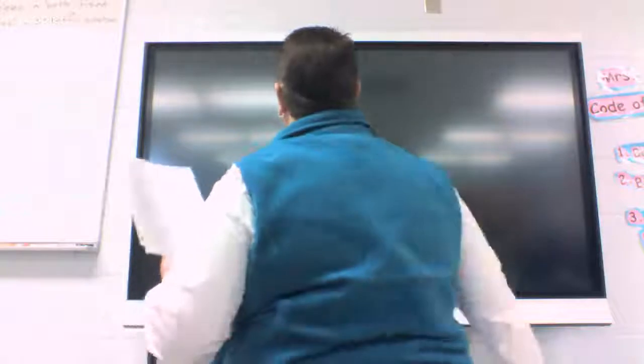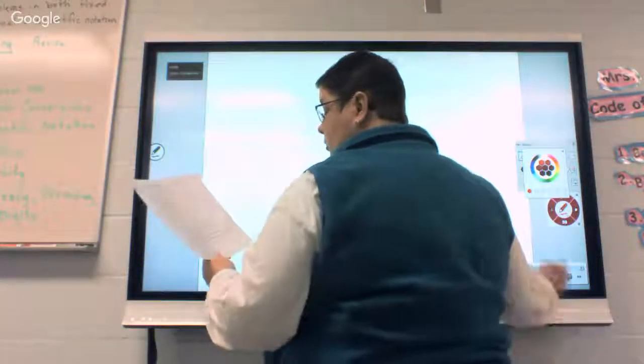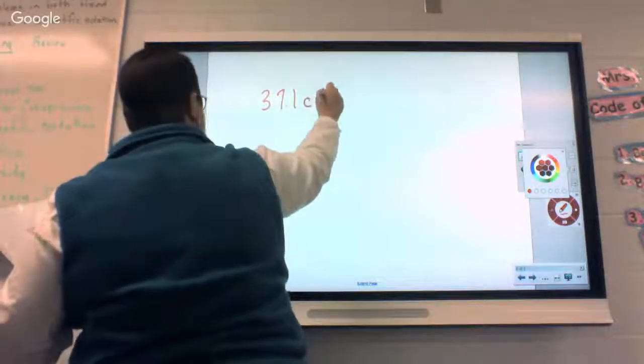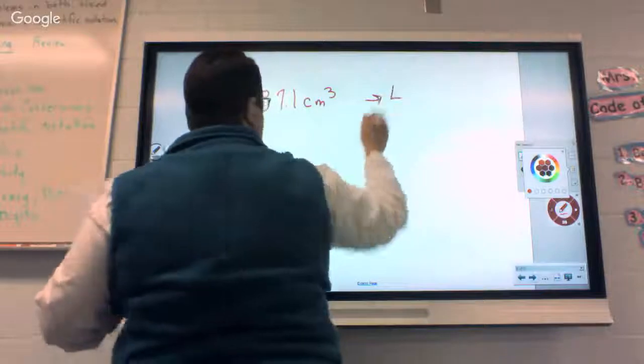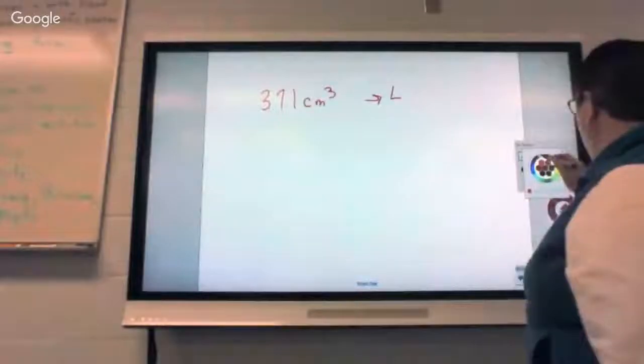Which one would you like me to do or talk about? 17. All right. Number 17, you have 37.1 centimeters cubed, and you need to change it to liters. This is the one we talked about in the homework.